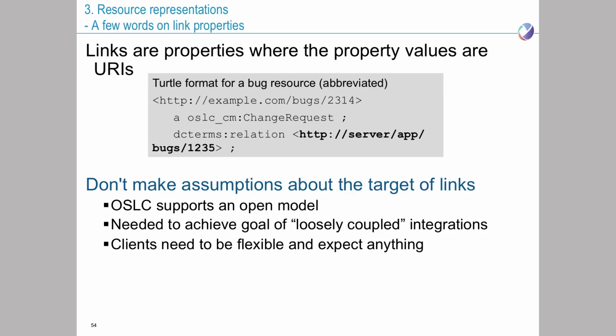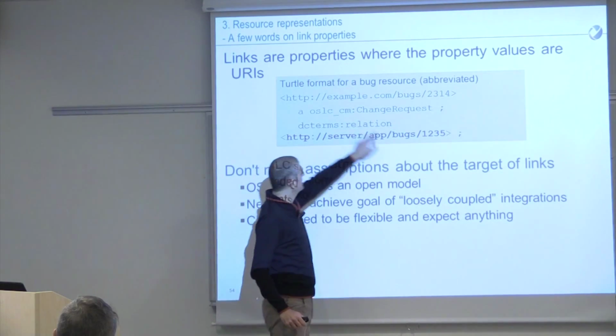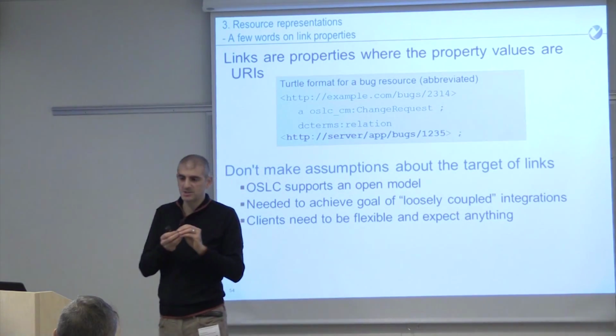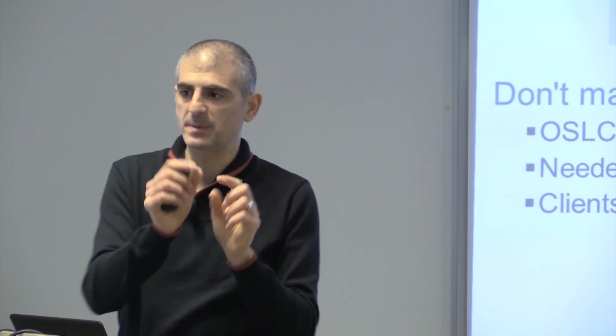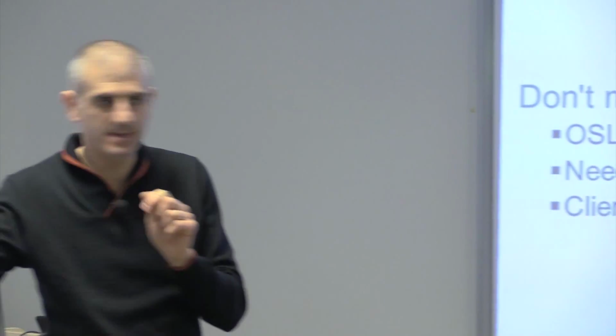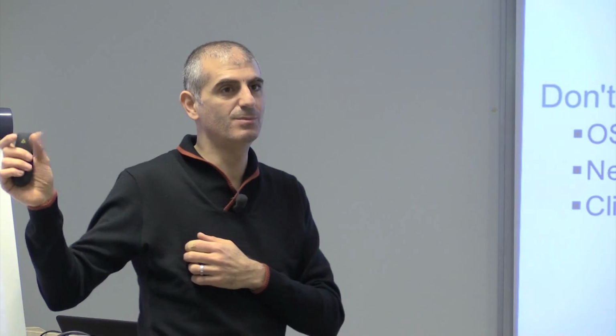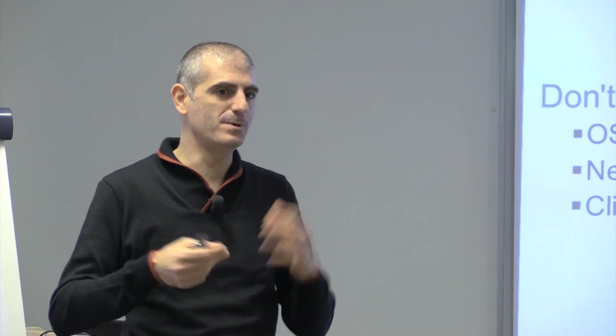This open world assumption, one of the guidelines, also says you cannot assume, even though a requirement, for example, has a relation to a bug, and even though the vocabulary specification says this property points to a requirement or a test, you should never assume it is one. They want to keep it open, so you can point to whatever you want.